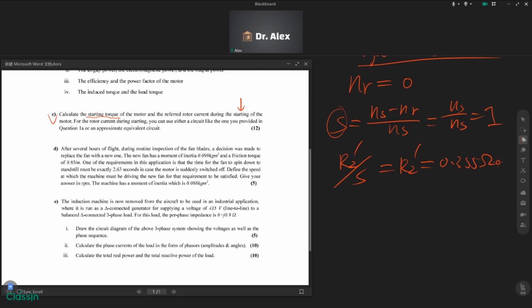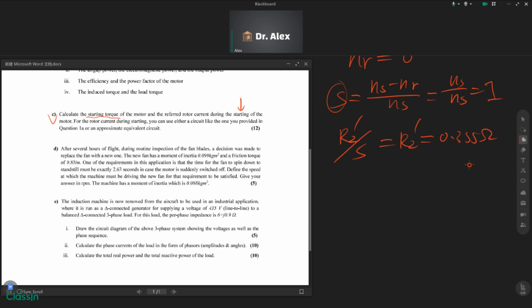Now we just repeat the previous sequence as shown in part A, where we don't forget this equivalent circuit: Z1, Z2, and 25j, which is jXM.